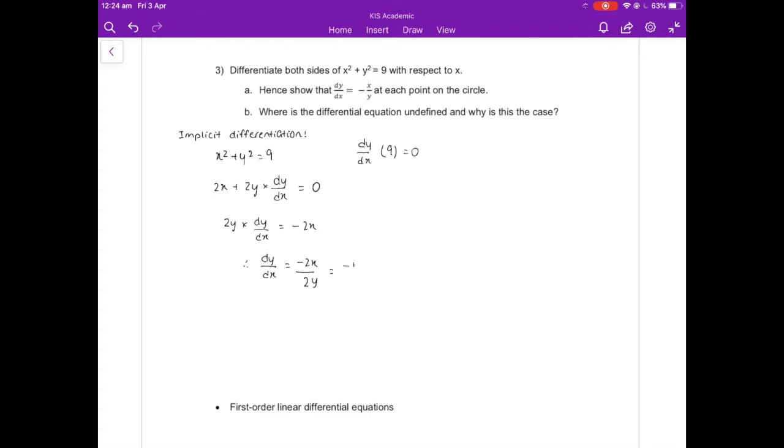So that is minus x over y, and that is the gradient. So what that is saying is that minus x over y is the gradient for every point on the circle.